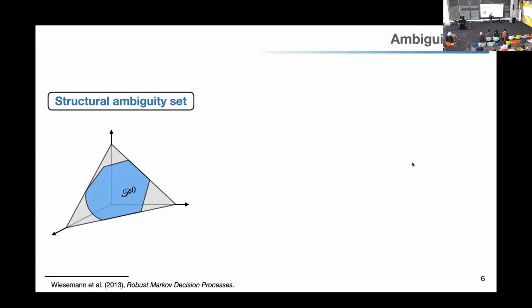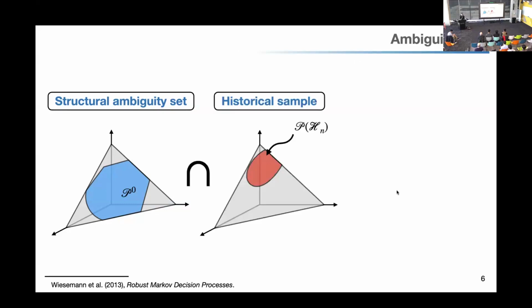All right, in order to construct the ambiguity set, I will start with what I call a structural ambiguity set. That is going to encapsulate all the information that I have about this transition kernel P without yet resorting to any statistics. I will then intersect the structural ambiguity set with a data-driven ambiguity set that I will derive from a historical sample of the Markov decision process.